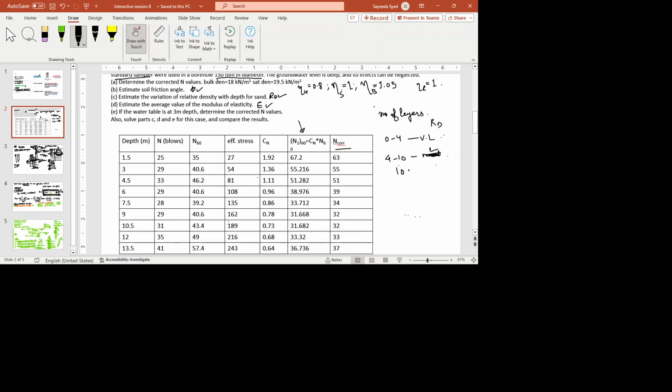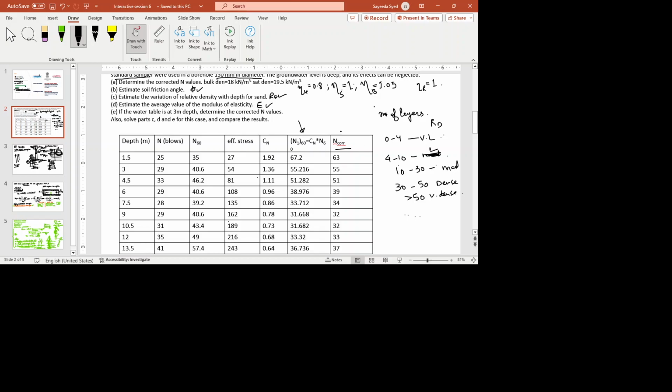From 10 to 30, we will have medium sand. 30 to 50, we will have dense sand. And for greater than 50, we will have a very dense sand.